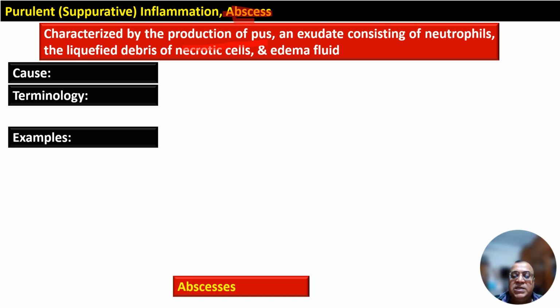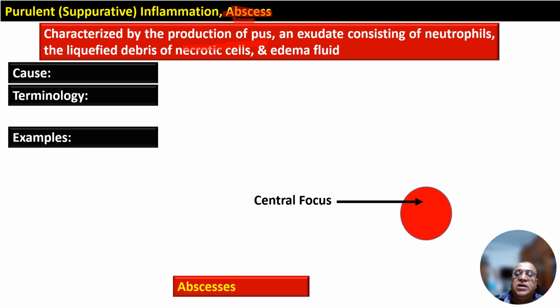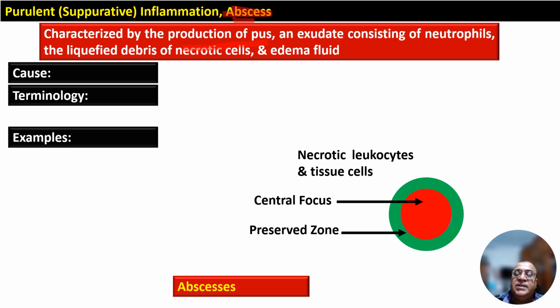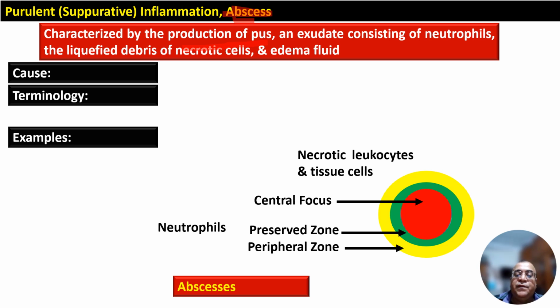The morphology of this abscess, which is characteristic of purulent inflammation: there is a central focus that is composed of necrotic leukocytes and tissue cells. This is surrounded by a preserved zone, and this preserved zone comprises some neutrophils.